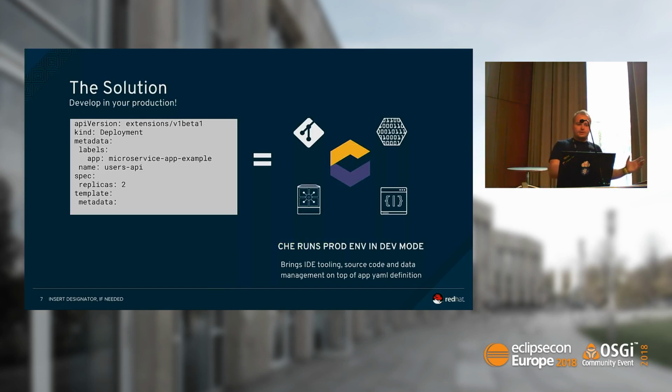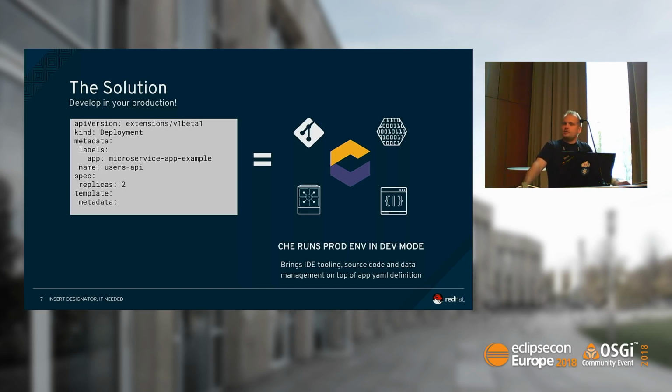What you need to do is to grab your definition of your application runtime, your Kubernetes YAML, and give it to Che and say, hey, Che, can you create a workspace for me? This is what my application needs to run, and this is the tooling I need. Say I've got a Java and Golang project with two technologies in one project.